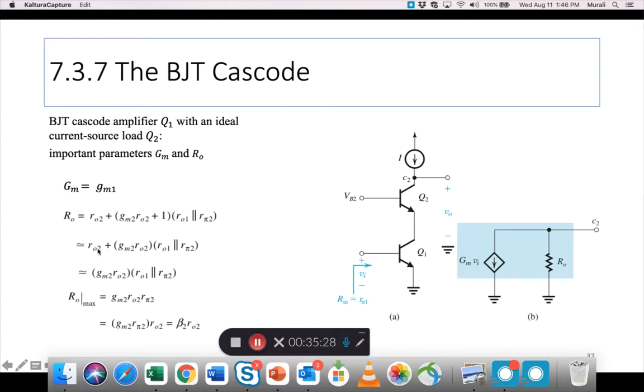Now, can RO go forever? The RO max can be shown to be the beta of the second transistor times the output resistance of the second transistor. That is the maximum possible value. So while RO has increased, it also has an upper limit which depends on this beta.